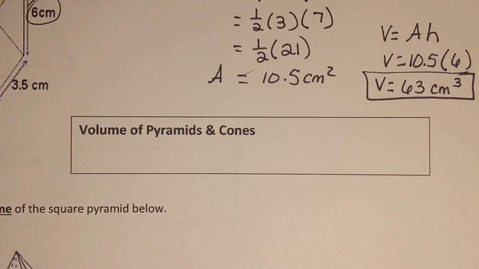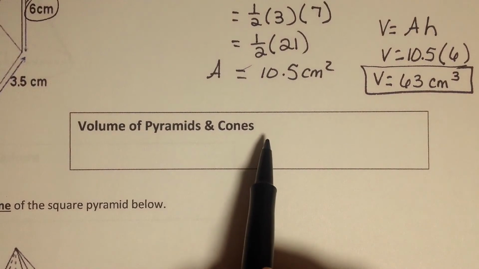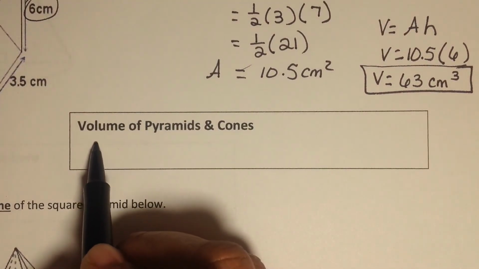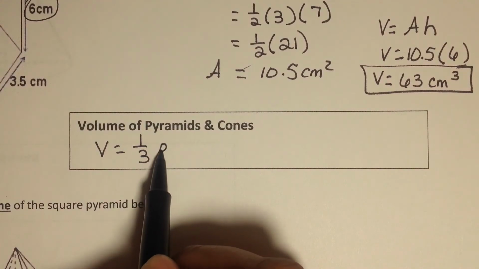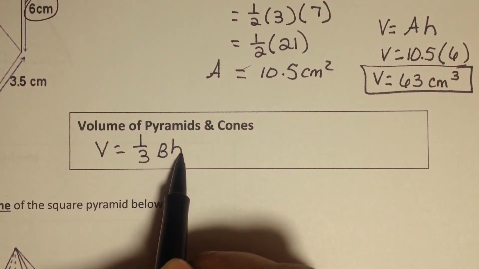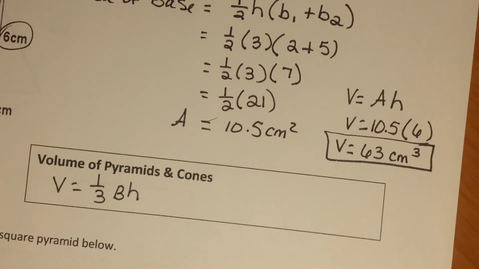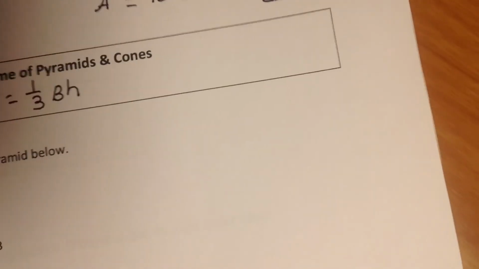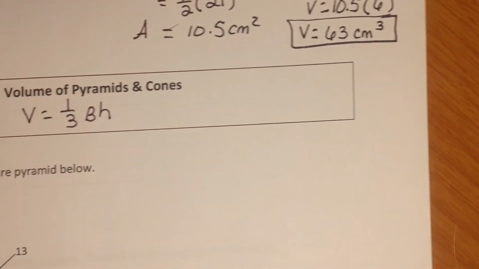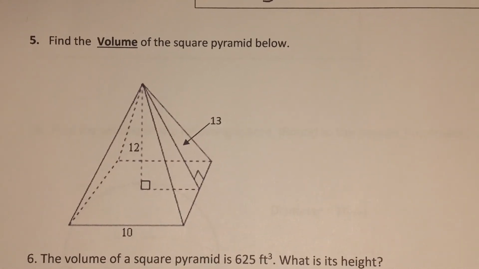Alright, moving on down, we talked about pyramids, and we haven't talked much about pyramids yet until now. The volume of a pyramid and a cone is equal to 1/3 times the area of the base times height. With a pyramid, the difference is like you kind of shave off your sides, so therefore it's not going to be as much volume as a prism.